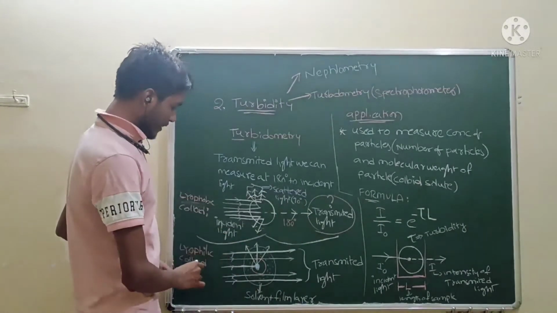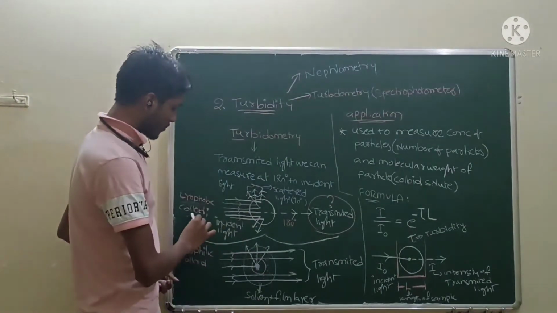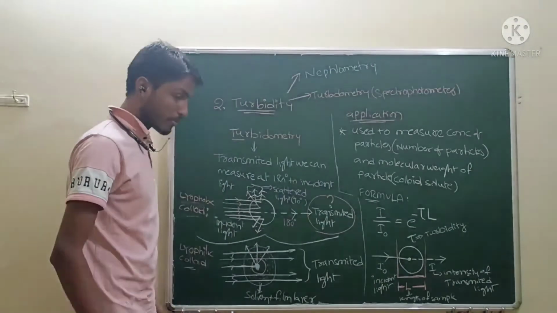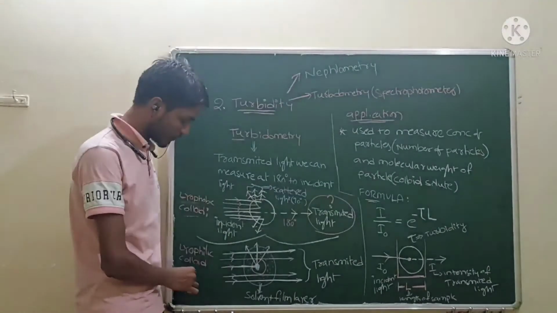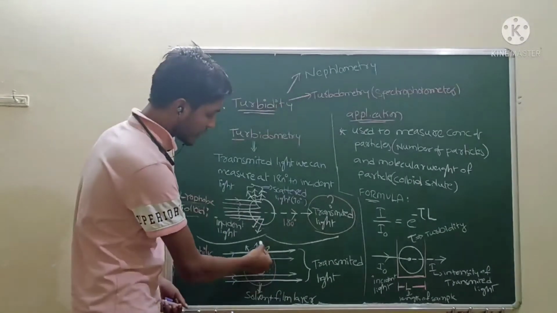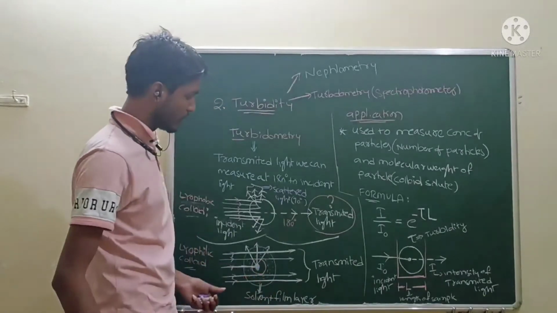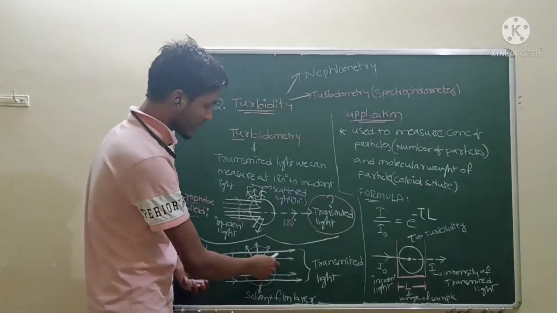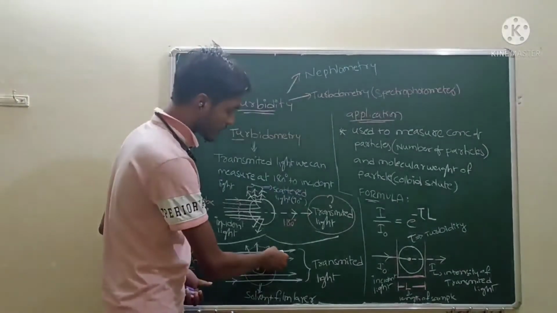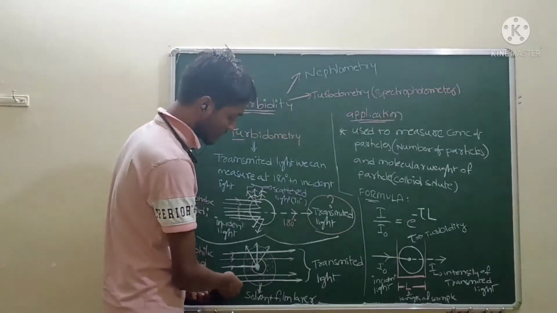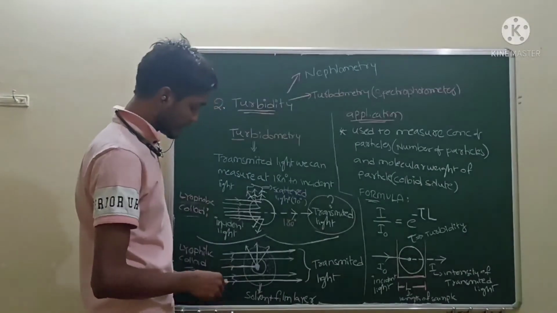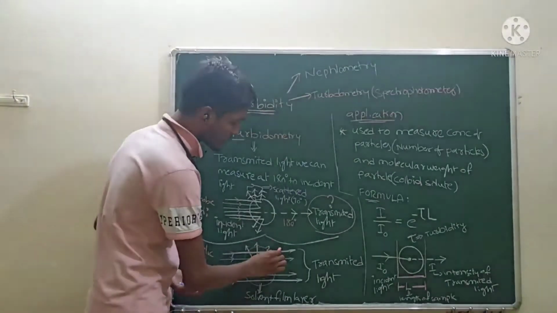But in case of lyophilic particles, what will happen? A lyophilic particle is surrounded by a solvent film. So the majority of incident light will transmit directly through the solvent film from one side to the other side. This is the incident light and this is the transmitted light.